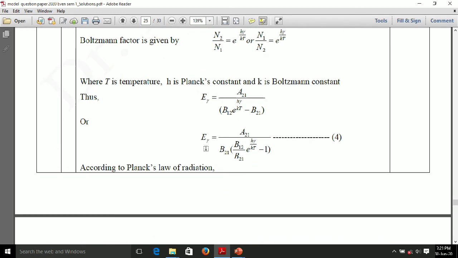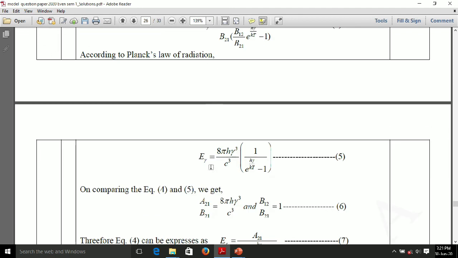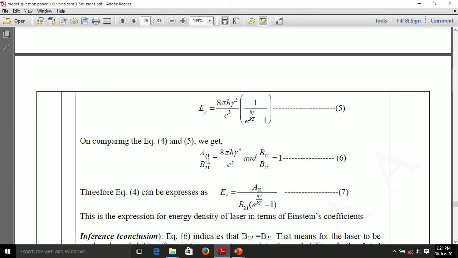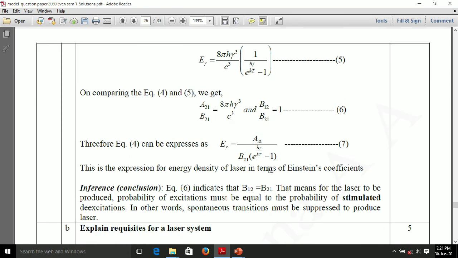So the derivation should be up to the expression for the energy density. You have to compare this equation with the Planck's energy equation. On comparing, you will get the parameters A21 by B21 and B12 by B21. You have to explain the inference. Only then the answer is complete.